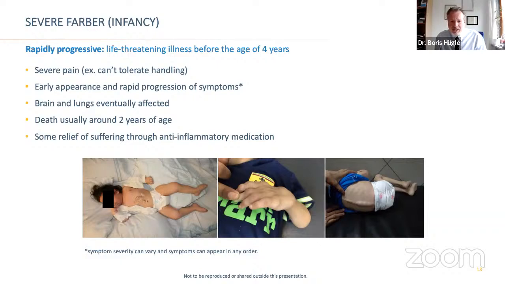And unfortunately, especially in these patients, stem cell transplantation practically never works. There's, so far as I know, no patient that has survived stem cell transplantation. But again, symptoms can vary, and they can appear in any order. So next slide.